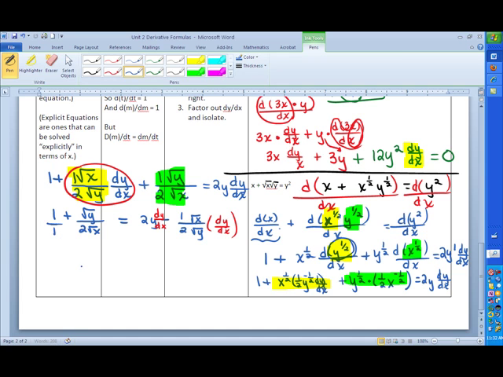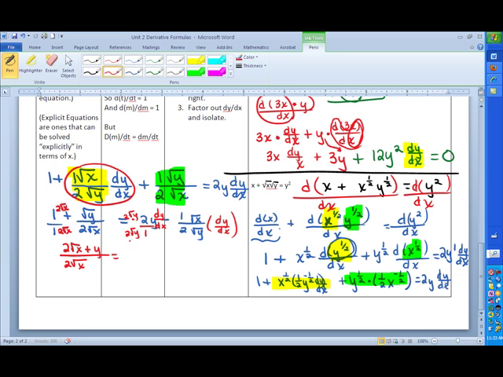So first, on the left side, my common denominator is 2 square roots of x. So I'm going to have to multiply both top and bottom here by 2 square root of x. And so that's going to give me 2 square roots of x plus y over 2 square roots of x. Over on the right, my common denominator is going to be 2 square roots of y, so I'm going to have to multiply top and bottom here by 2 square roots of y.